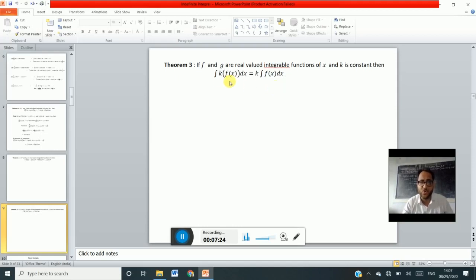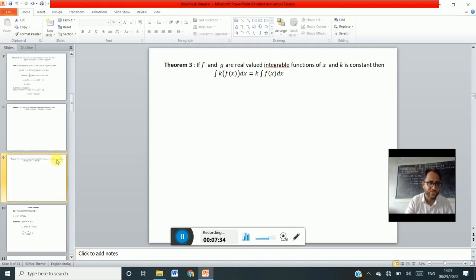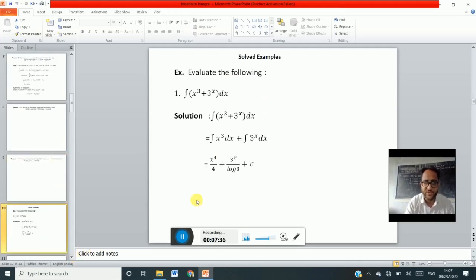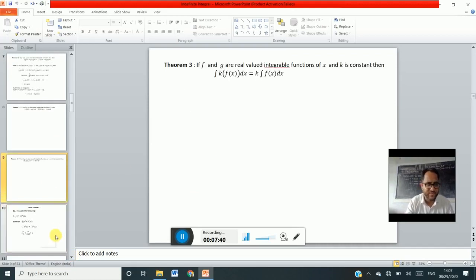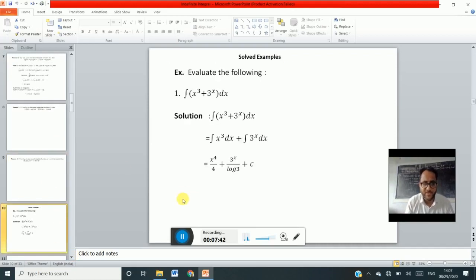That means if the constant is along with the function inside the integration, then the constant is taken outside the integration, and the integration of the function can be calculated by using the formulas. The proof is also given in the textbook, so try to memorize and understand that. If you face any problem, then contact me.